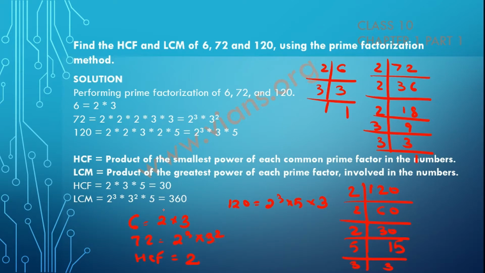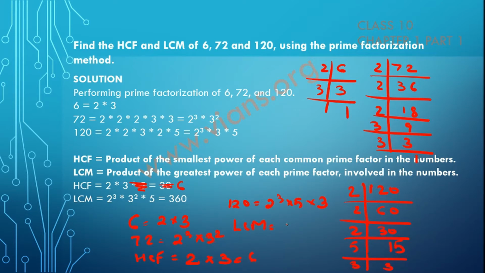So that's going to be 2, the smallest power of 2 amongst all these 3 numbers, and 3, the smallest power of 3 amongst all these numbers. It's 2 into 3. So that's going to be 6.